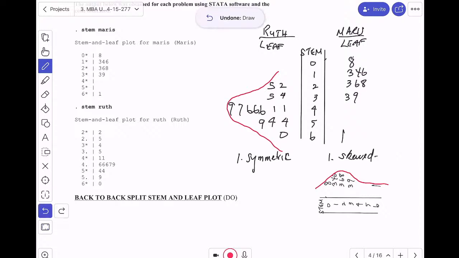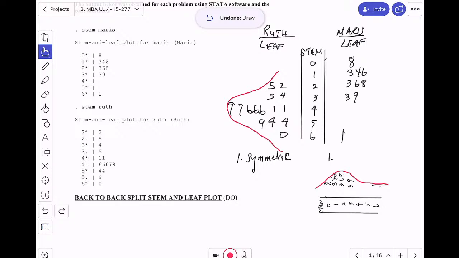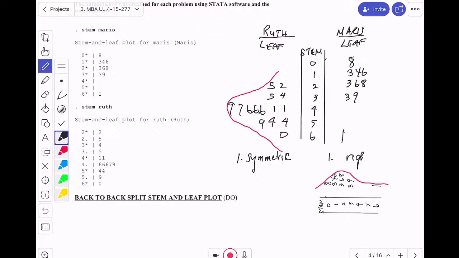I'll call it right skewed. Okay. So that's the first point.